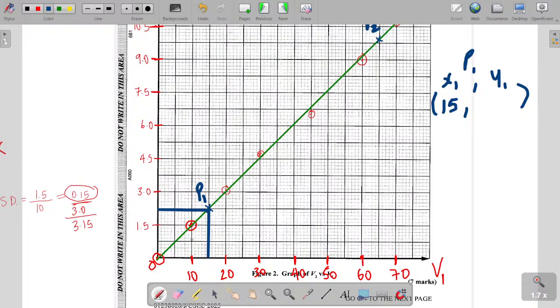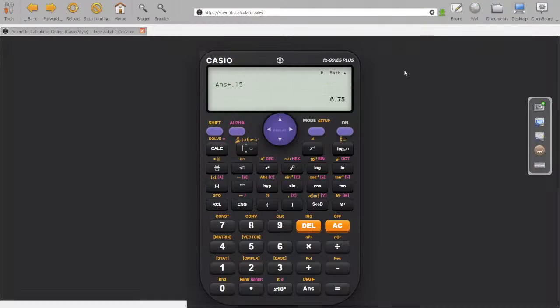And our y value is halfway between 1.5 and 3.0. If I take the smallest division, which is 0.5, and I multiply that by 5, that will take me halfway, and then I add that to 1.5. That means halfway between 1.5 and 3 is 2.25.